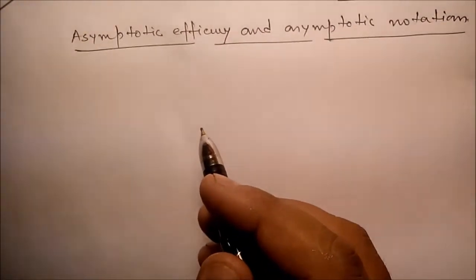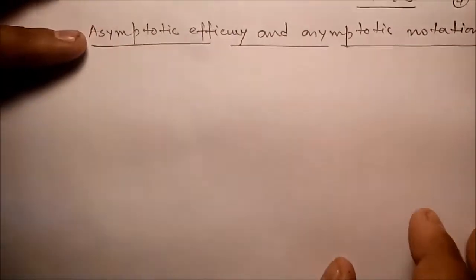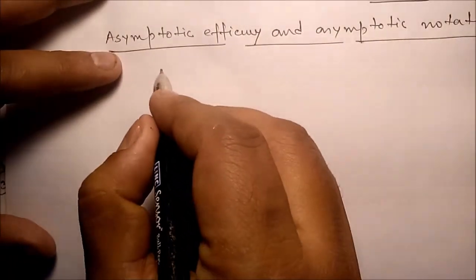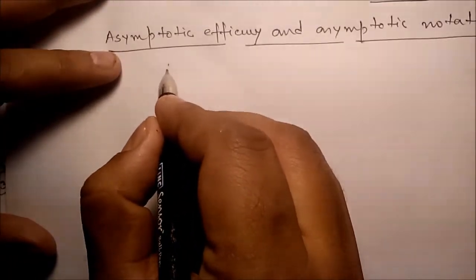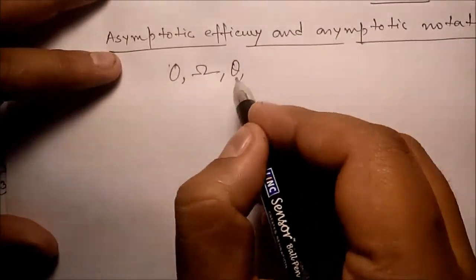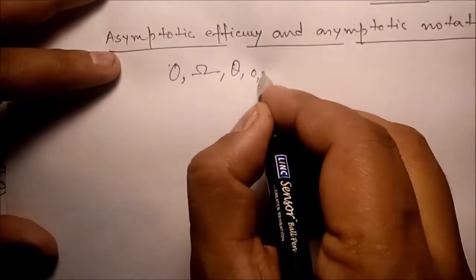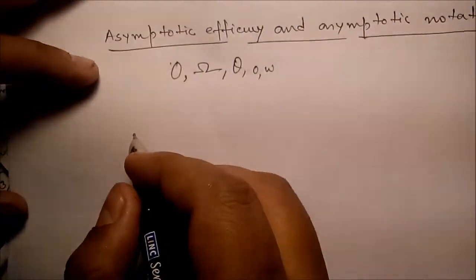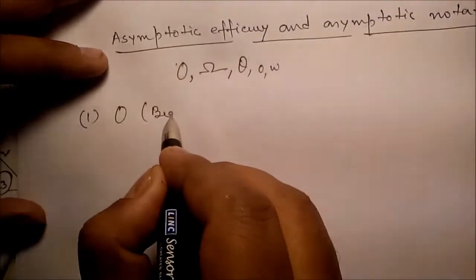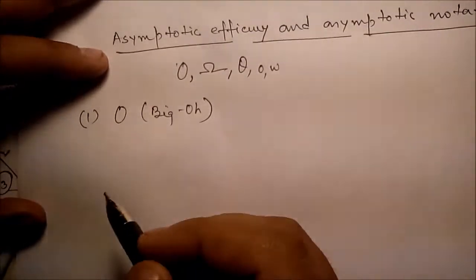Now here a few asymptotic notations are there. The notations are big O notation, big omega notation, theta notation, small o notation, small omega notation. So the first one, big O notation.